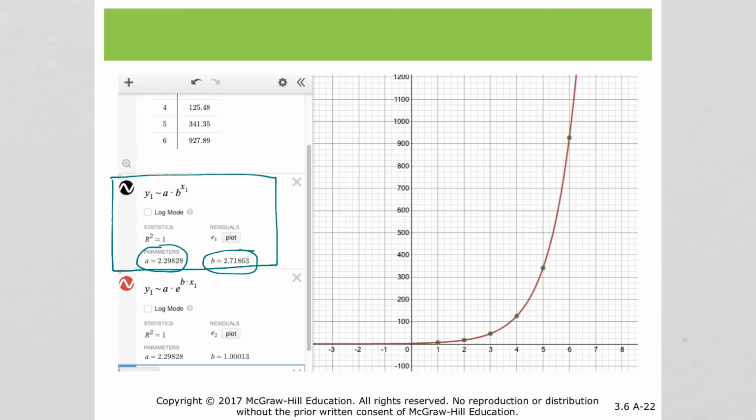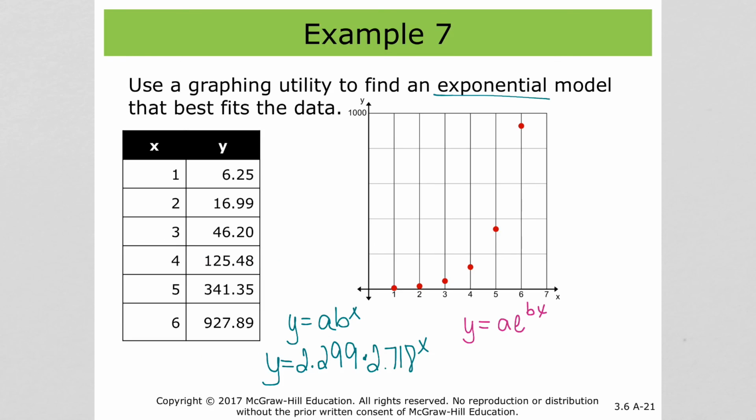For our other exponential model, put in y sub 1, squiggly, a times e to the, and you probably have to put this in parentheses as you're typing, b times x sub 1. And that gives you a and b for this one. So that would be y equals 2.299.